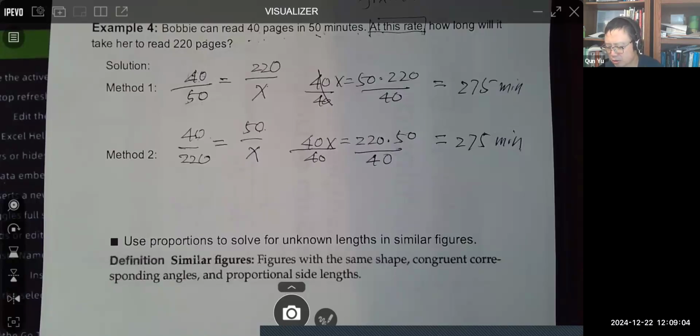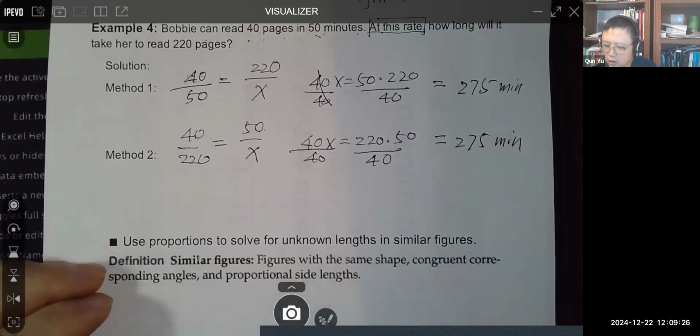Now we want to know the definition, what are called similar figures. Basically, these are those figures with the same shape and congruent corresponding angles. It's not just congruent angles, it has to be corresponding angles, and proportional side lengths. If this is true, you have similar figures.